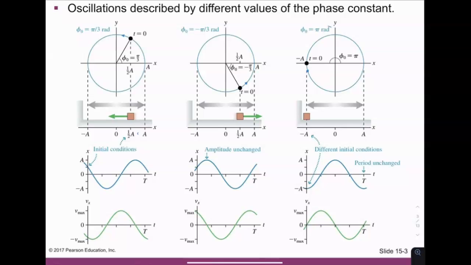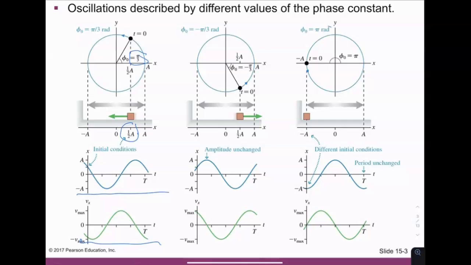The object is moving to the left, and the initial condition for this case is that x is equal to 1/2 A. When the phase constant is pi over 3 and we draw the plot of position versus time with this initial condition, we see this figure, and when we plot the velocity for the phase constant equal to pi over 3, we get this figure.